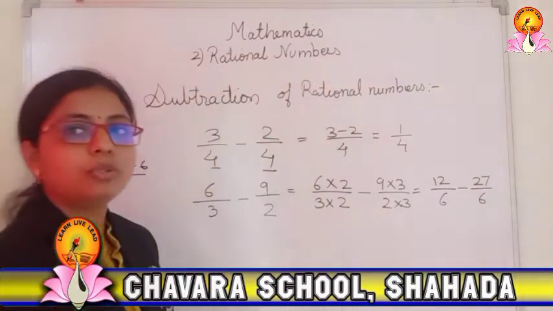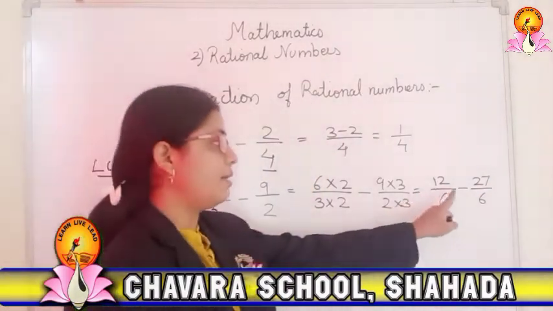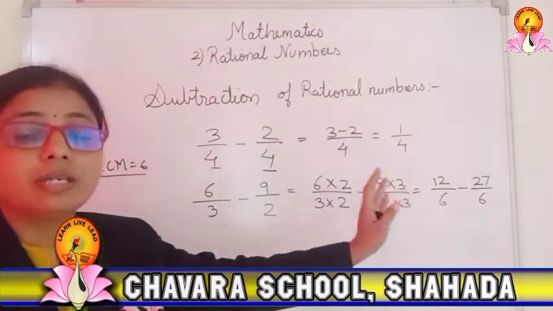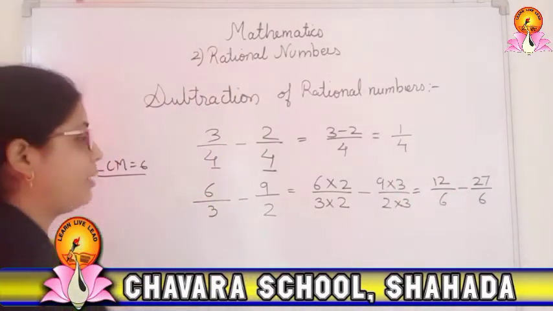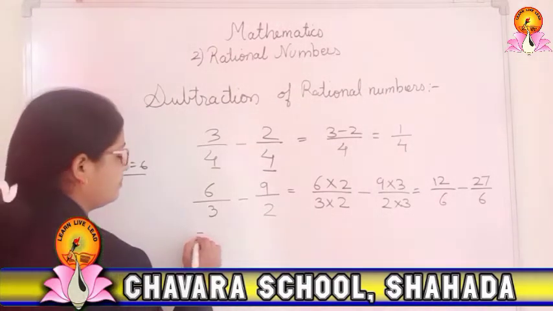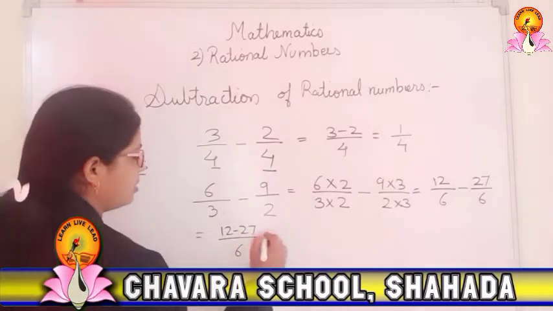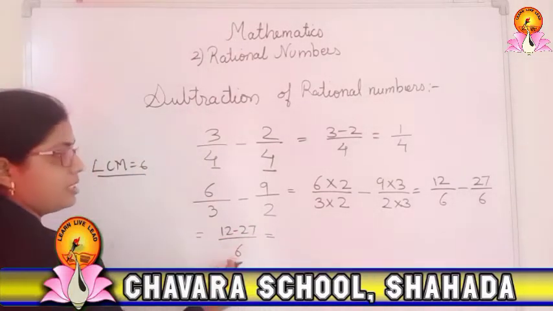Right? Now do the subtraction of this. You have to see the negative sign and greater number sign, and then you have to calculate the answer. So it will be 12 minus 27 upon 6. So the answer will be, 6 will be common over here, okay, because it is equal.